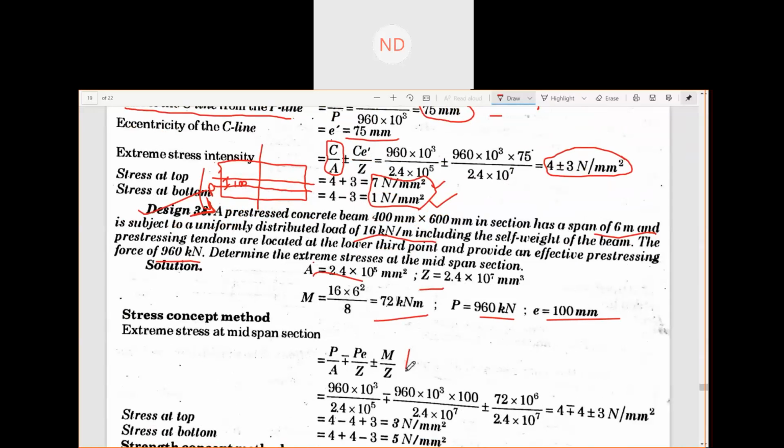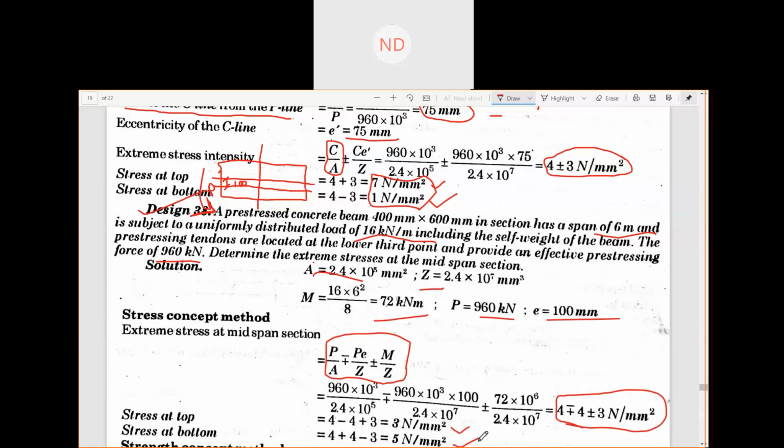So we know the total stress will be P by A plus minus M by Z minus plus PE by Z, and so the total stress comes out to be 4 minus plus 4 plus minus 3 Newton per mm square. So the top stress is 3 and the bottom stress is 5.